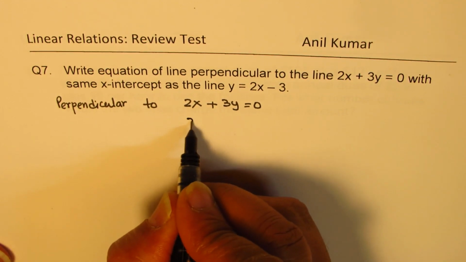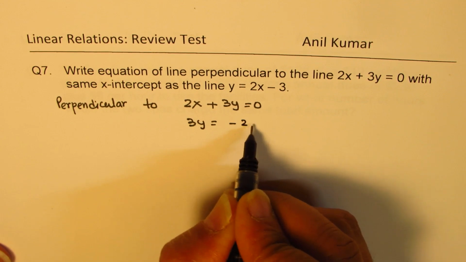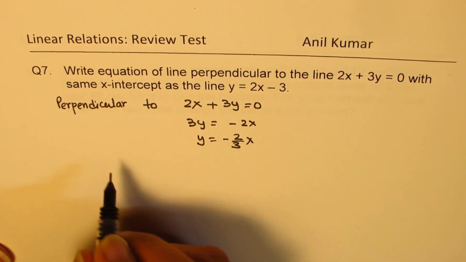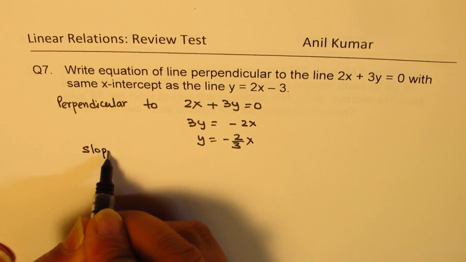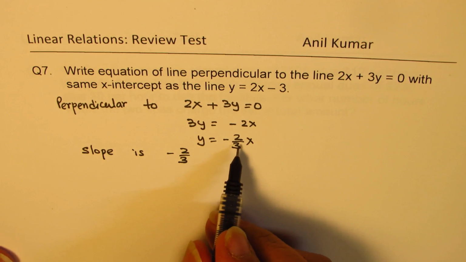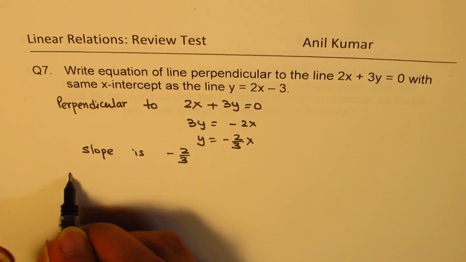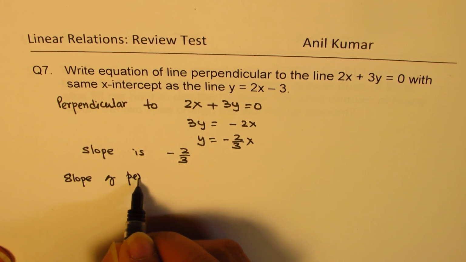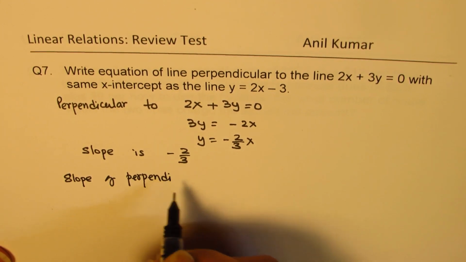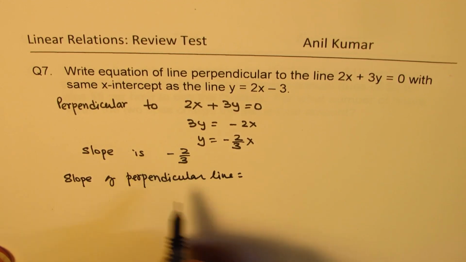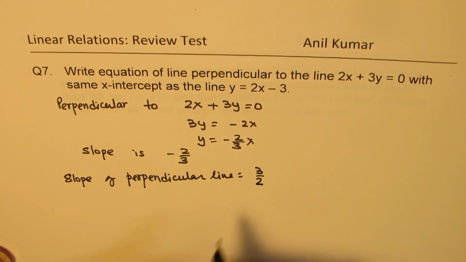Rearranging, we get 3y equals minus 2x, y equals minus 2 over 3x. So the slope is minus 2 over 3, right? That is the slope. So what is going to be the slope of the perpendicular line? It will be the negative reciprocal, which is 3 over 2, correct?